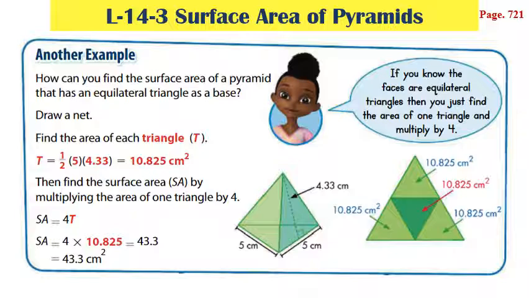Find the area of each triangle, T. T equals 1/2 times 5 times 4.33 equals 10.825 square centimeters. Then find the surface area, SA, by multiplying the area of one triangle by 4. SA equals 4 times 10.825 equals 43.3 square centimeters. Good.